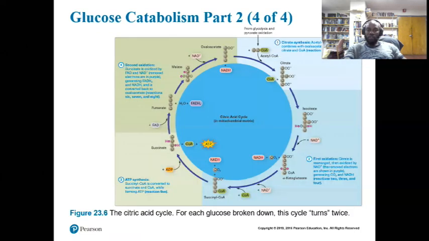All right, so this is the citric acid cycle. So for each glucose broken down, this cycle turns twice. This is what happens.